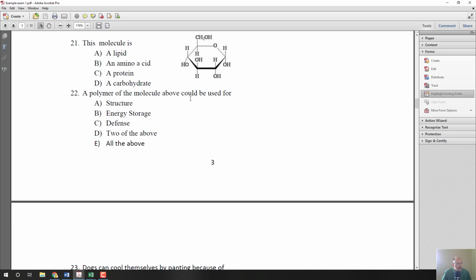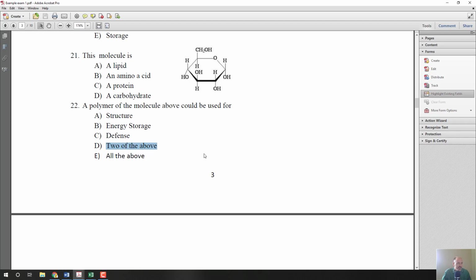So here, a polymer of this molecule could be used for energy storage. Or if you wanted to include starch and cellulose as an example, we could say energy storage and structure. So two of the above. Though technically speaking, the one shown here is alpha glucose, so only energy storage would be correct.